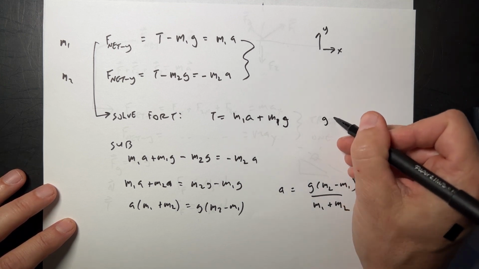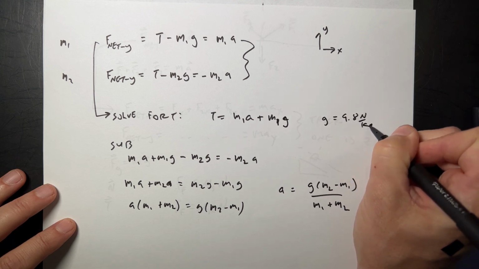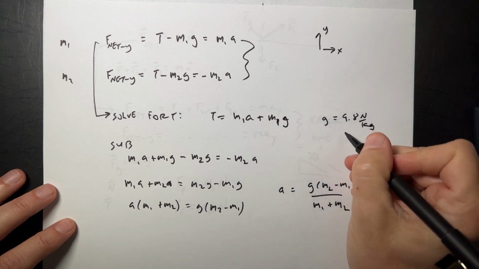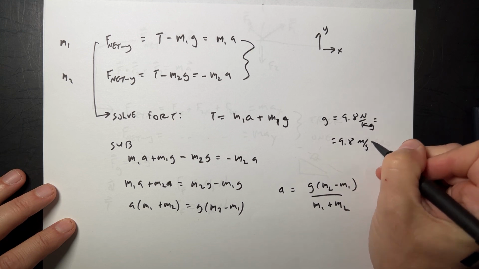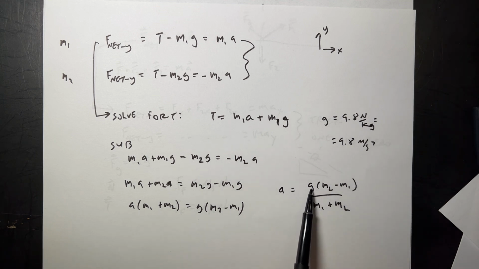The magnitude of g is 9.8 newtons per kilogram, which is the same as 9.8 meters per second squared, since a newton is a kilogram meter per second squared. So that's going to have units of acceleration, so that will too.